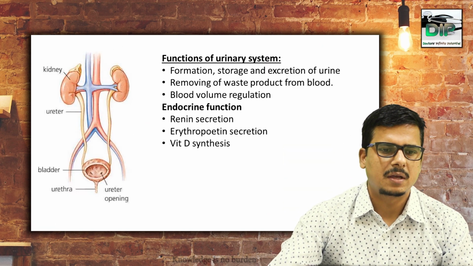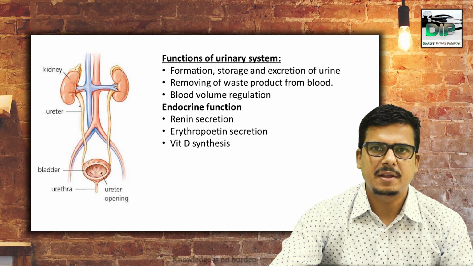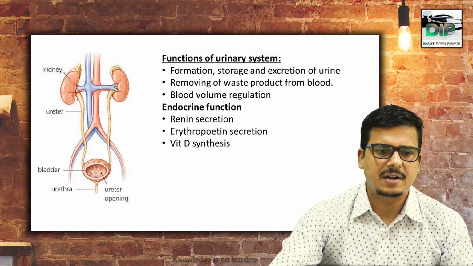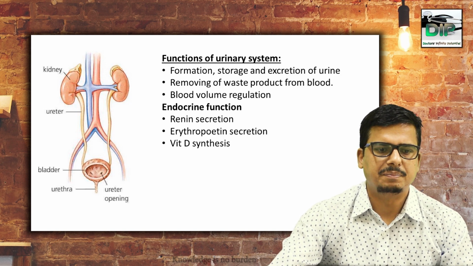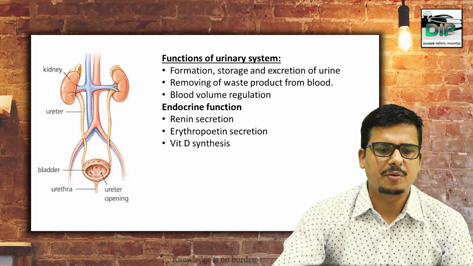The urinary system comprises a pair of kidneys lying in the posterior body wall, then a pair of ureters that arise from the medial border of the kidney and run downwards in the posterior body wall.